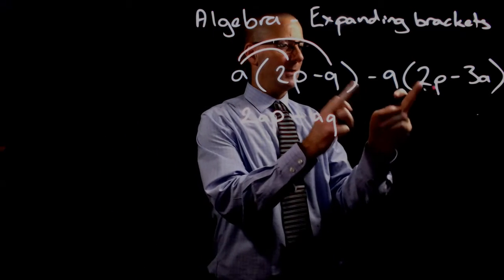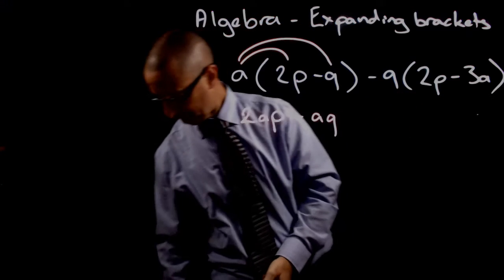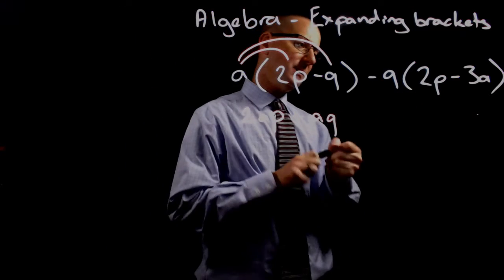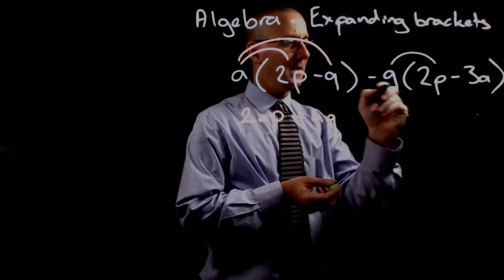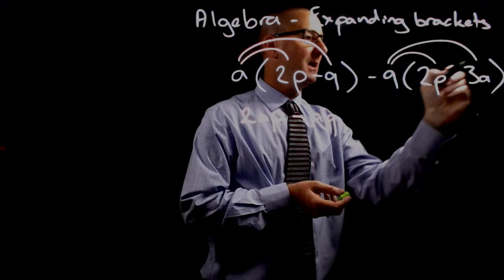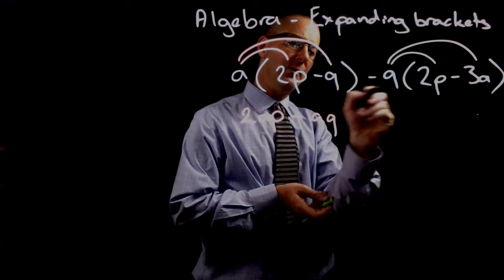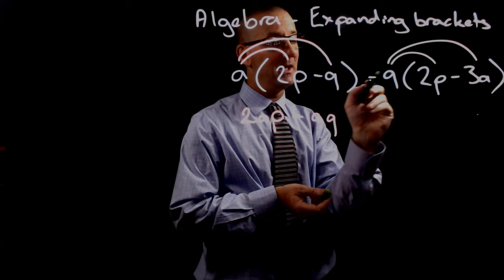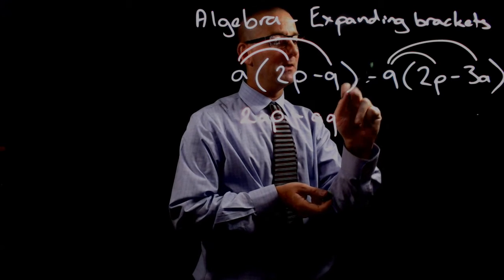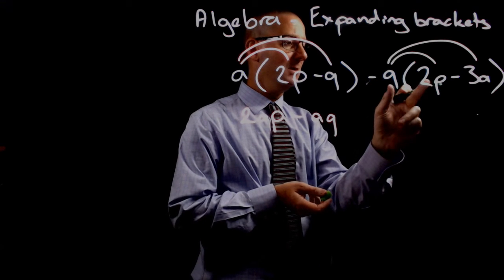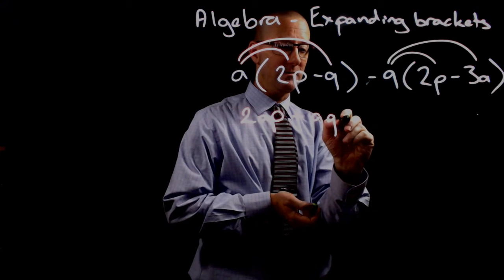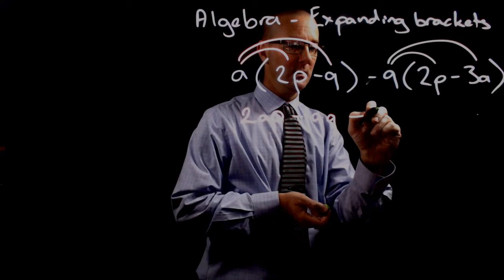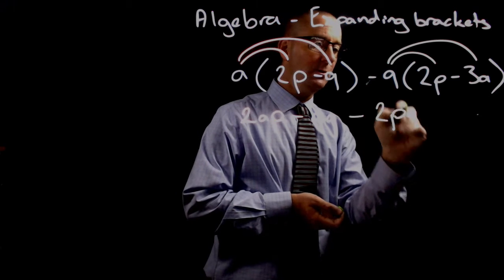Then we come across to our second set of brackets. This time we're going to have q times 2p, and then q times 3a. You can see we've actually got not just q, but negative q here. So this is going to give us a negative q times 2p, and we're going to end up with a negative times a positive, which gives us minus 2pq for our first term.